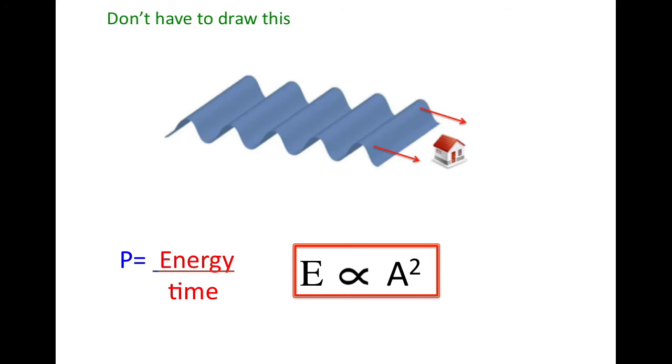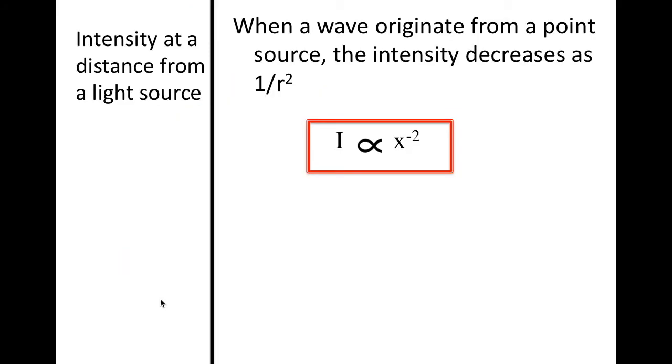So instead of talking about the total energy of the entire wave, we can actually find out the energy or the power that strikes that object. We want to know the power per area to find the amount of power that is delivered. This is called intensity.